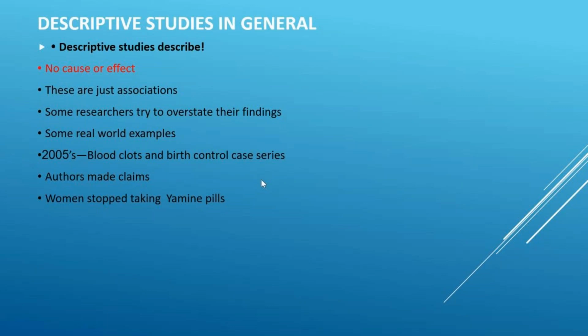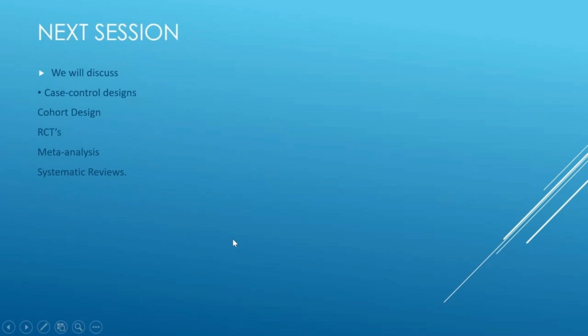And the authors made certain claims that these drugs are very high risk and the females are going to develop blood clots very easily. So what was the end result? The females stopped taking the drugs which contained drospirenone. This is just one of the trade names, but the drug was drospirenone. So it would have resulted in so many unplanned pregnancies.